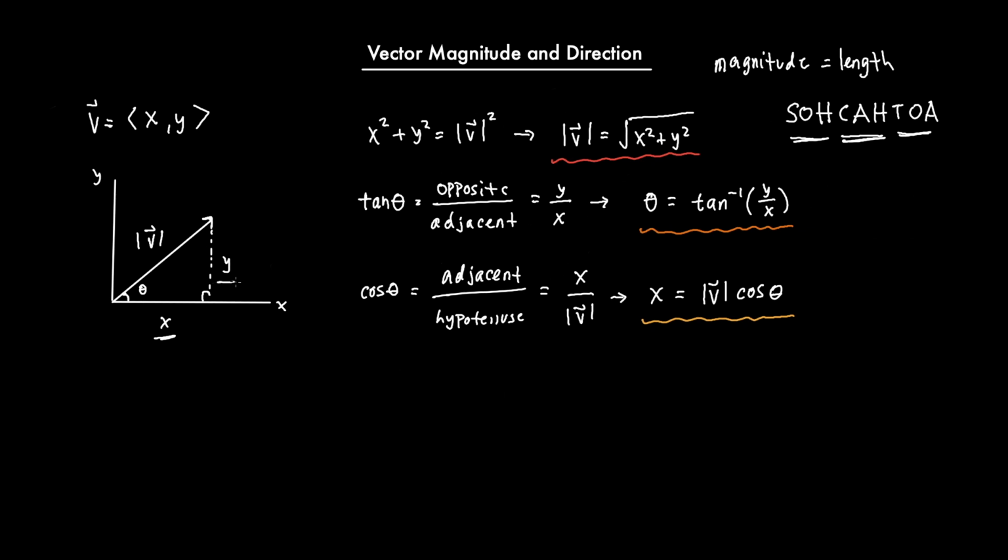Now, our other component, which is the y component of the vector, we can solve for because we know that the y component is opposite from the angle. Now, which trig function deals with opposite? Sine does. So sine theta is equal to opposite over the hypotenuse.